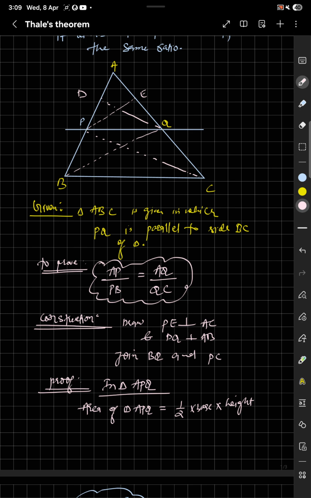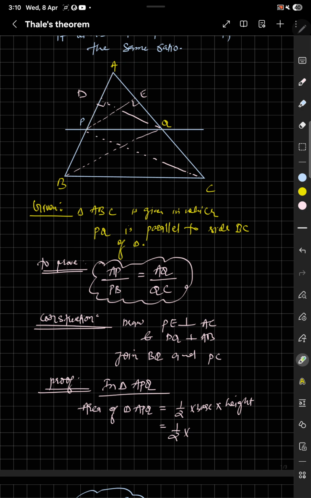In triangle APQ, 1 by 2 base into height. So here 1 by 2 is there. In this triangle, what is the base? This is the base because this is perpendicular and this is perpendicular. For this triangle, this is base and this is height, right? And you have to prove this one.